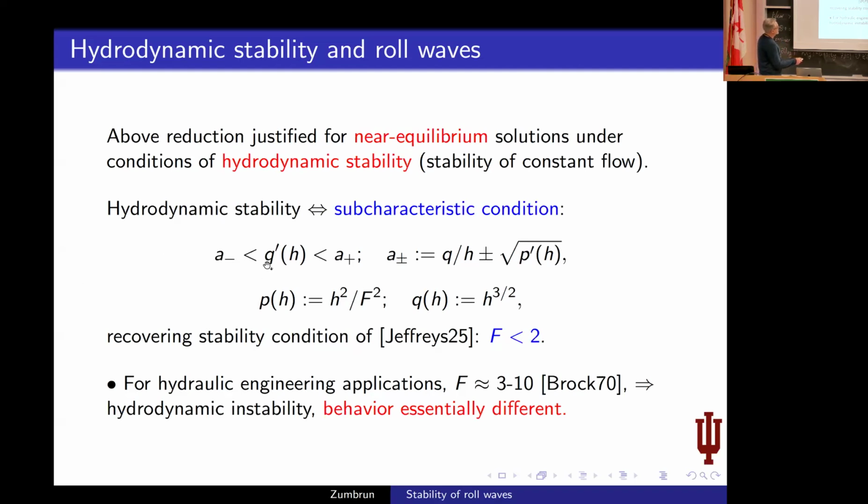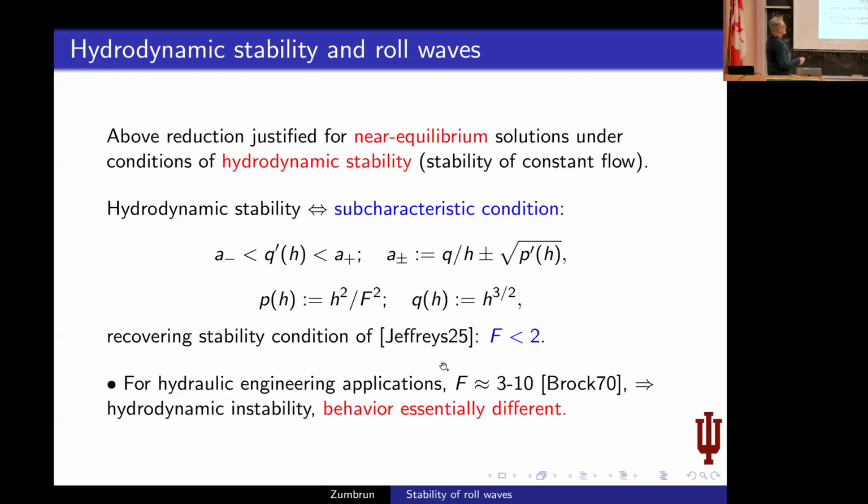But then there's this Q prime, that's the Burgers characteristic for this equilibrium scalar model. It must lie in between the other two to have stability, which is like a CFL condition in numerics. It just makes sense. Because we have finite propagation speed, if the scalar model is trying to go outside the cone of influence of the full model, that can't work, right? It can't possibly approximate that.